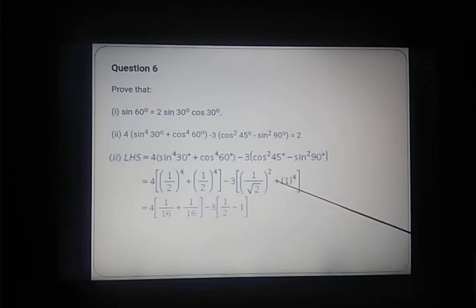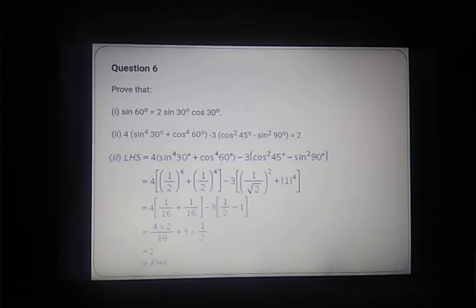There's one more mistake here, you have to have minus here, so please correct that. So there's minus and there is 2 here, so minus and 1 square is 1. Now let us simplify this. The simplification part is very simple. When you simplify this, you'll get 2, which is equal to my right hand side. So this is proved.